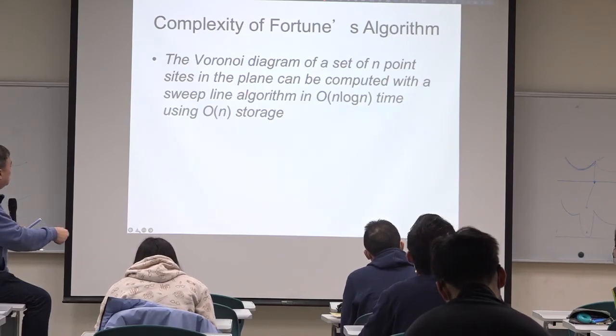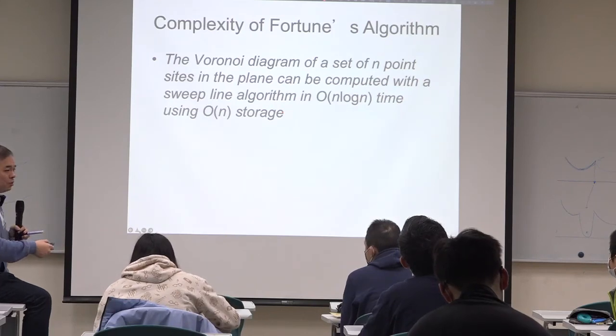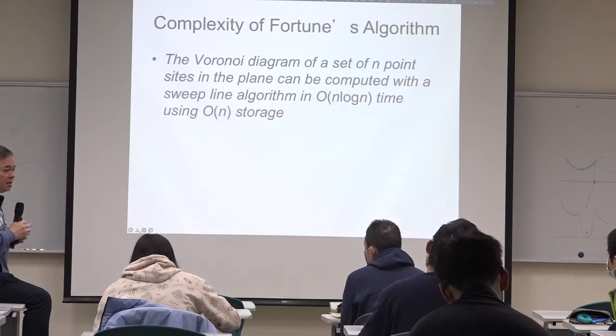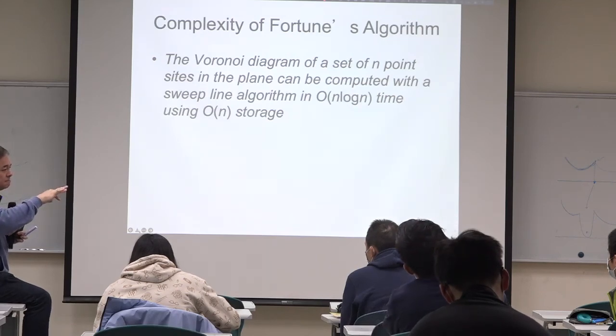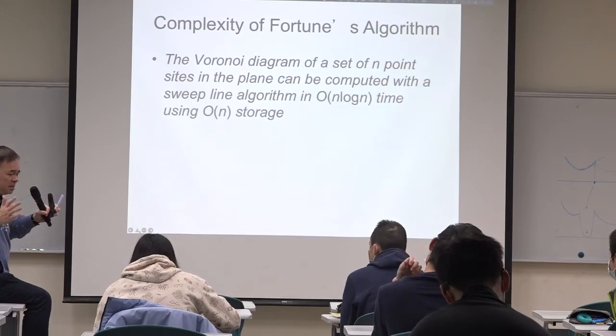For the sweep line algorithm, for 3 consecutive points, we consider their circle events. The circle events plus the side events, the total number of events should be bounded by linear as well.